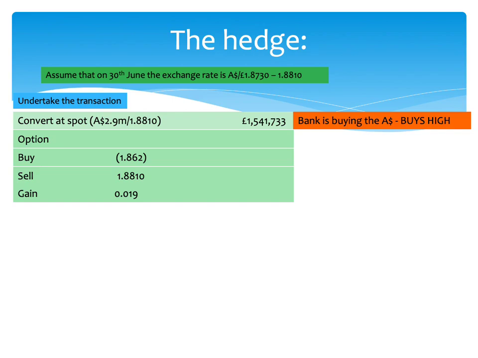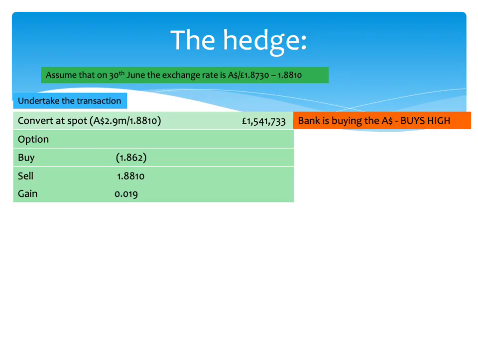So when it was a loss, remember we walked away and it was 0, but the gain we're going to accept. Now the problem is, what does that gain actually represent? What is the 0.019? Well, the answer is it's 0.019 Australian dollars of gain per pound of contract hedged. Okay.